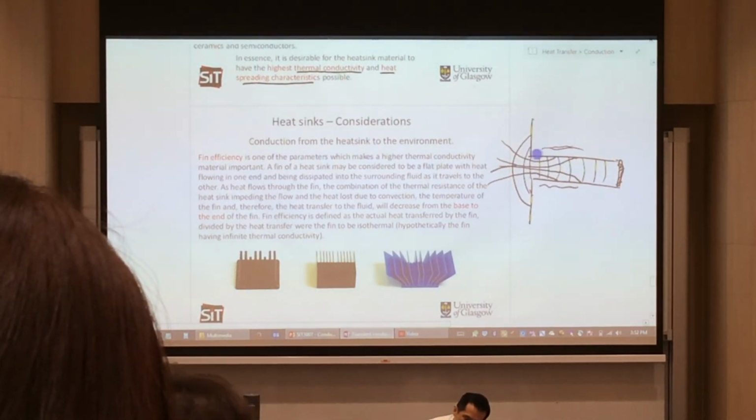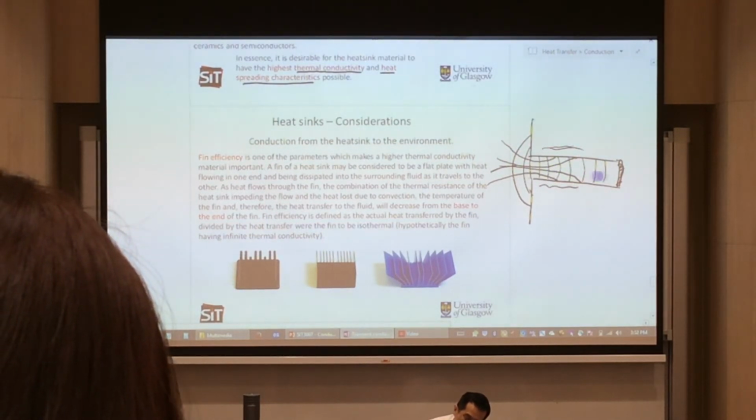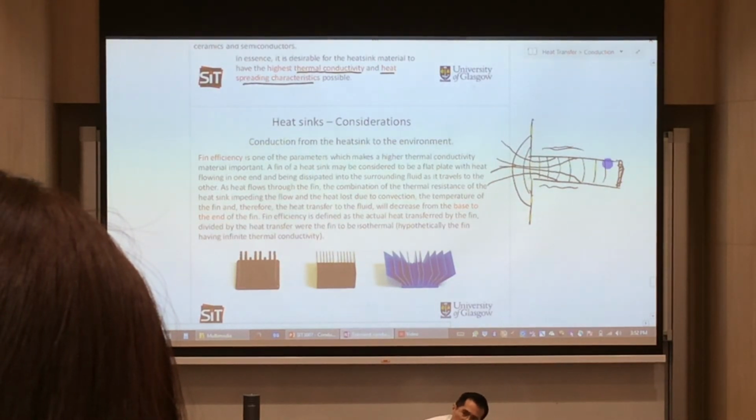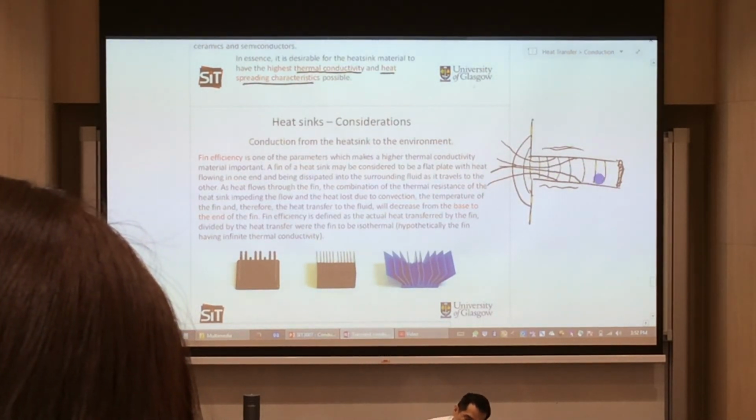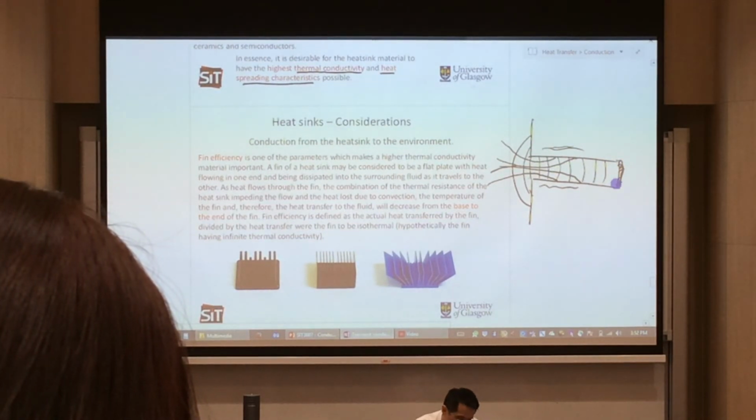Practically, you're going to have this lower part here at a higher temperature and the tip over here at a lower temperature, because heat couldn't get transferred all the way to the end of it, since there's a certain thermal conductivity. If you use diamond, then yes, more heat can get to the end of it.